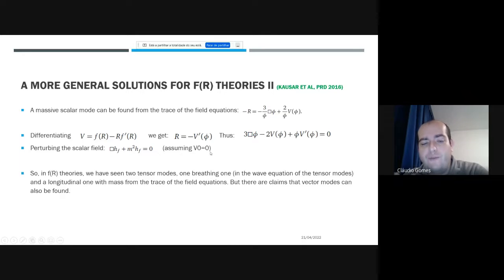Okay, so we have found 4 polarization modes. However, there are claims that in f(R) theories we can find some extra modes, namely vector modes.